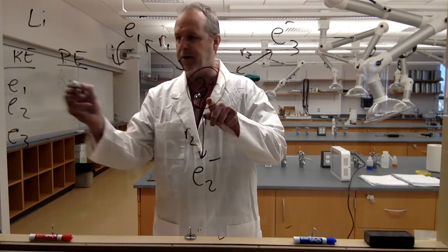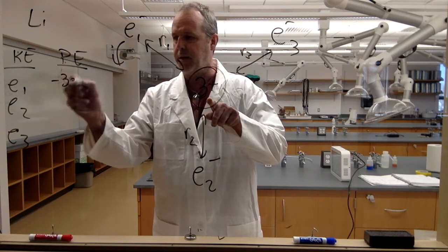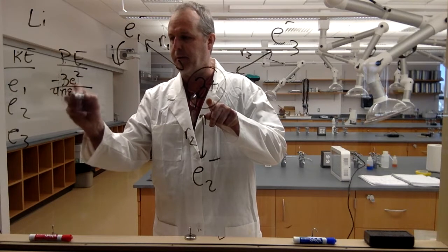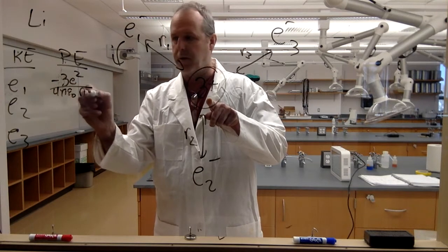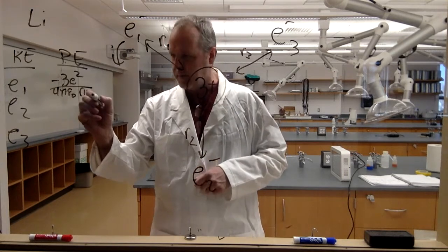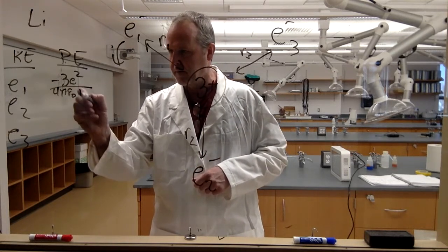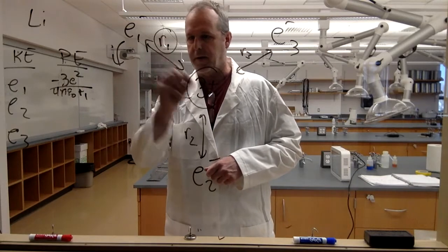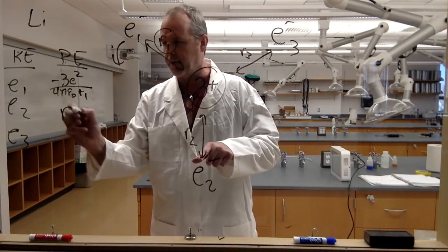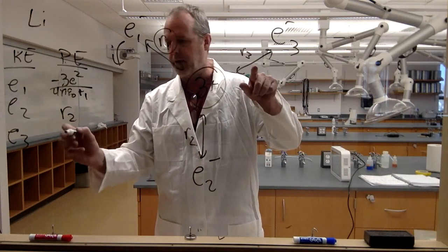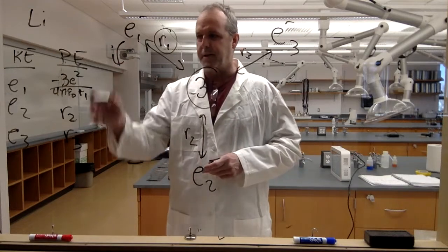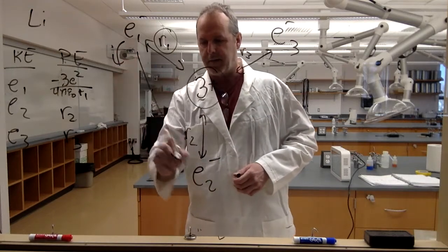So under potential energy, note we've got a 3 charge. There's going to be a minus 3e squared, and then there's going to be a 4 pi epsilon naught R1, this R1 right here, that potential energy. So you're going to have another term that has an R2 in it. You're going to have another one that has an R3 in it. Now, when it comes to the other potential energy terms, we're going to have this one.